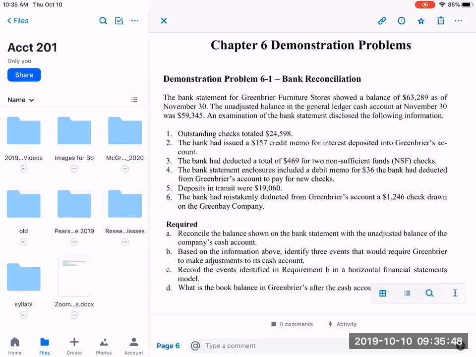The bank had mistakenly deducted from Greenbrier's account a $1,246 check drawn on the Green Bay Company. Here's an example of where the bank made a mistake. This does not happen very often, okay? More often than not, it's user error, not necessarily bank error, but it can happen. If somehow the checking account number got typed in wrong, or account names got confused, this does happen.